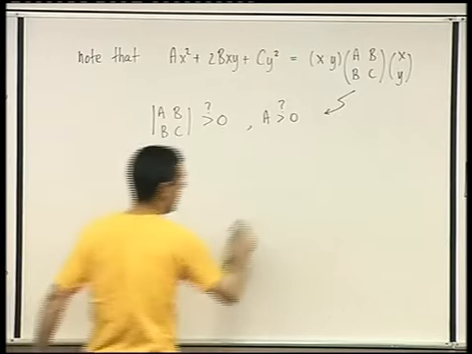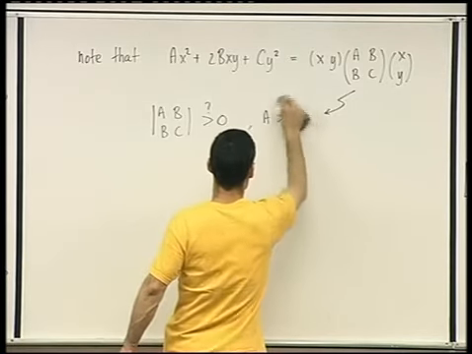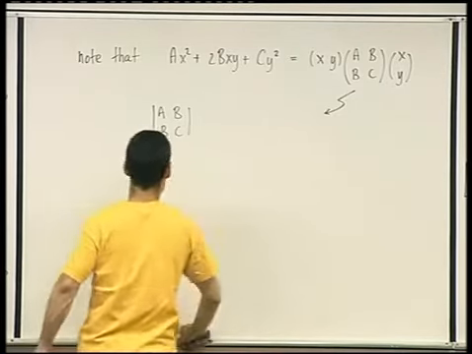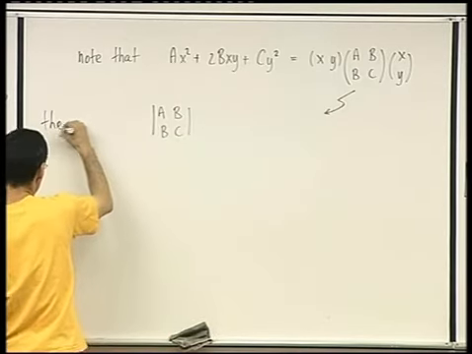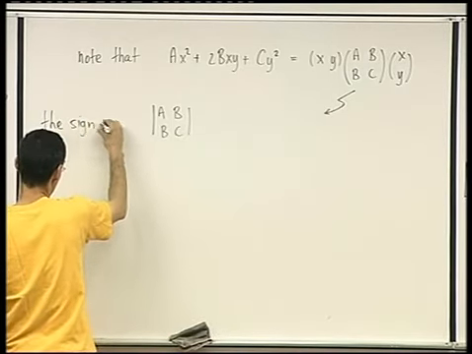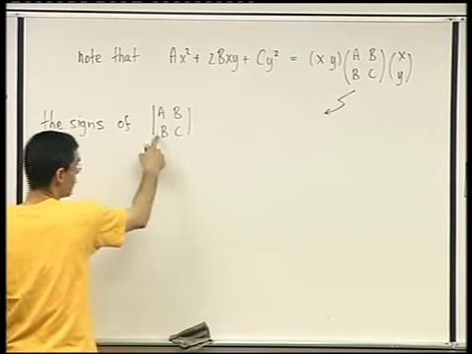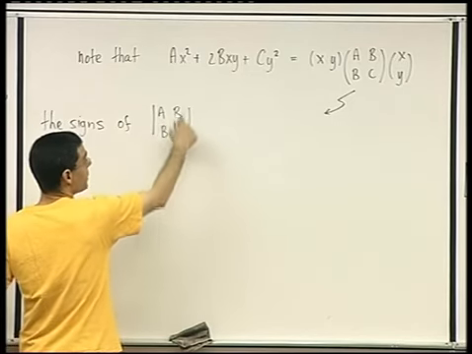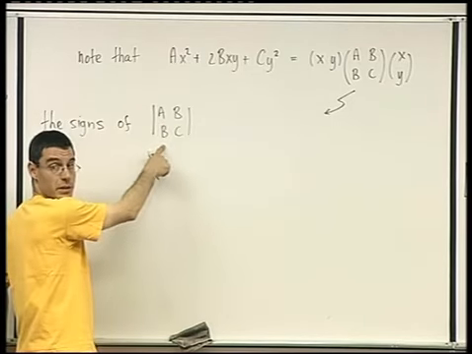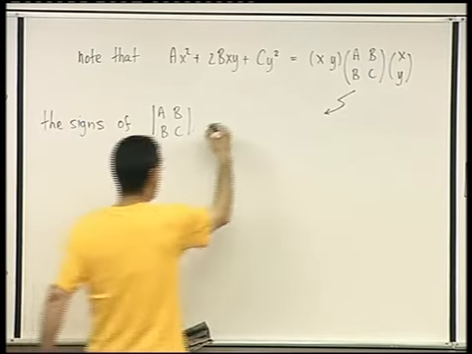Or let's write it differently. The sign of this determinant, this is just saying AC minus B squared. Do you agree? That's precisely what we were looking at.